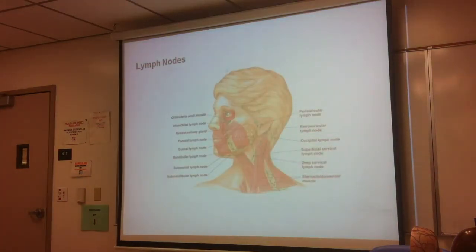So lymph nodes we first mentioned as being steps along the way that lymphatic fluid had to pass through as it made its way back to the cardiovascular system. The lymphatics are vessels. They're thin-walled, if you recall, like veins are.